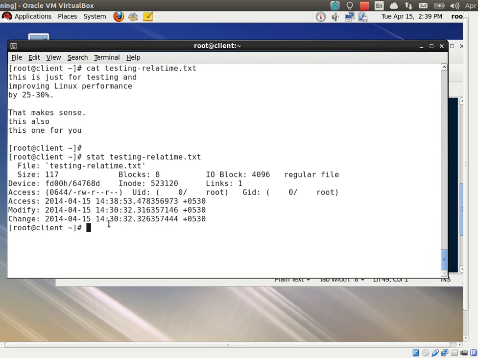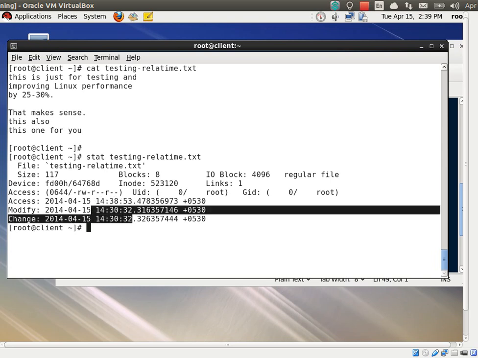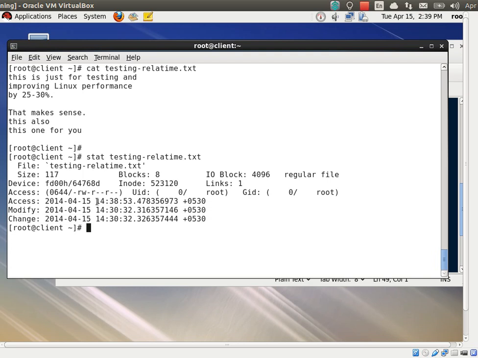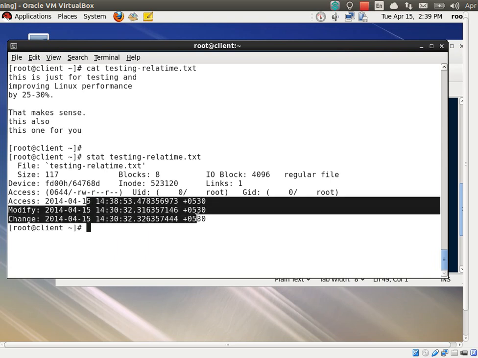You see here it is now modified, because it will be modified only once, so that the access time has a bigger value than the modified time or the change time. Now it will not change for one day. So you keep doing cat on the same file, but no file system metadata changes will be written by the file system.